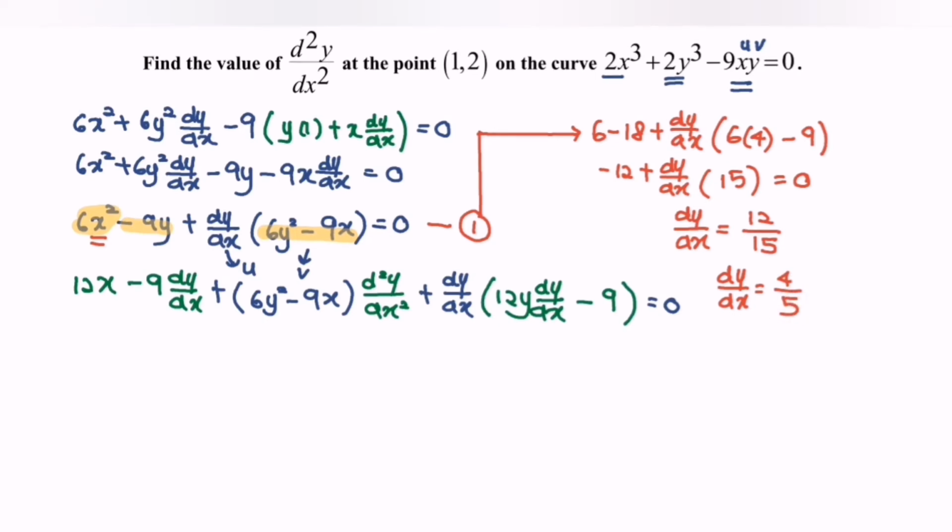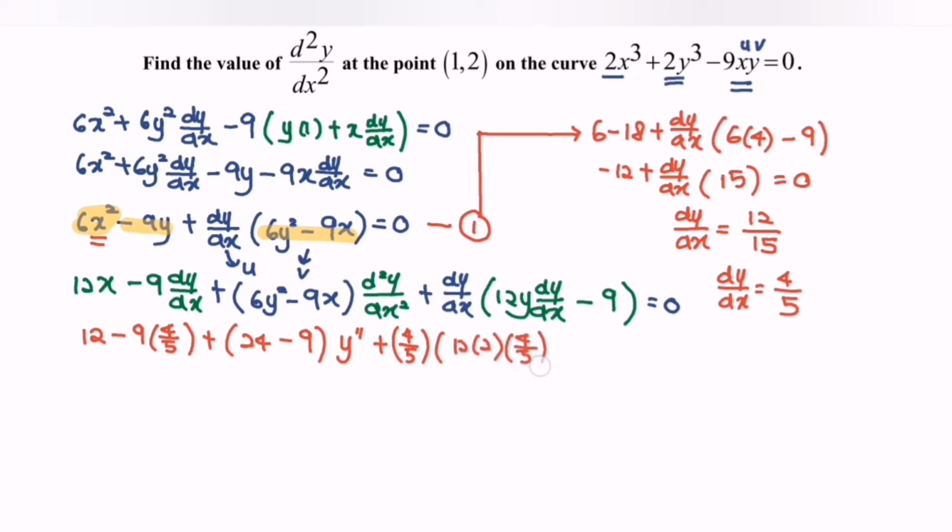Next, we are going to find the value of the second derivative. So by substituting x equals 1 and y equals 2, and dy/dx equals 4 over 5, here we will have 12 minus 9 bracket 4 over 5, plus bracket 24 minus 9, we have the second derivative, plus 4 over 5 bracket 12 multiplied by 2 multiplied by 4 over 5 minus 9 equals 0.